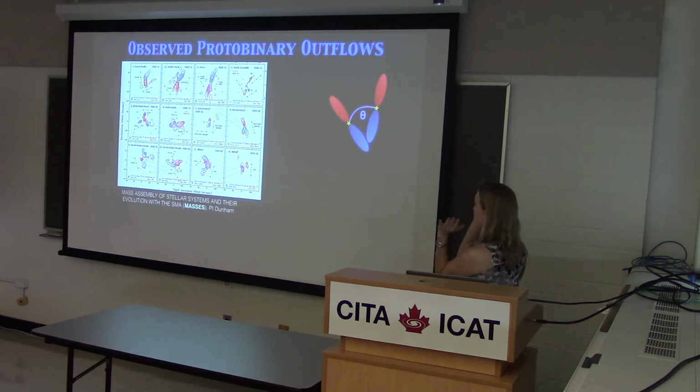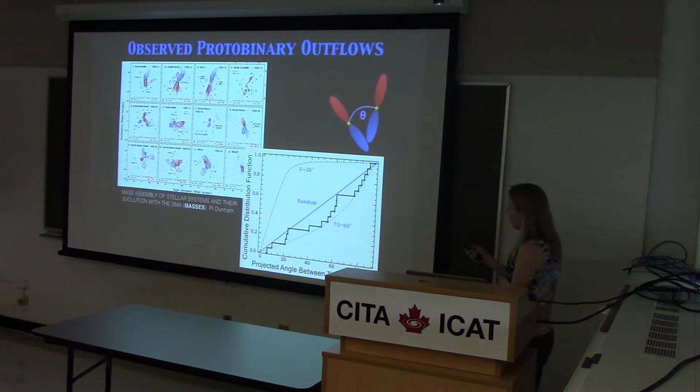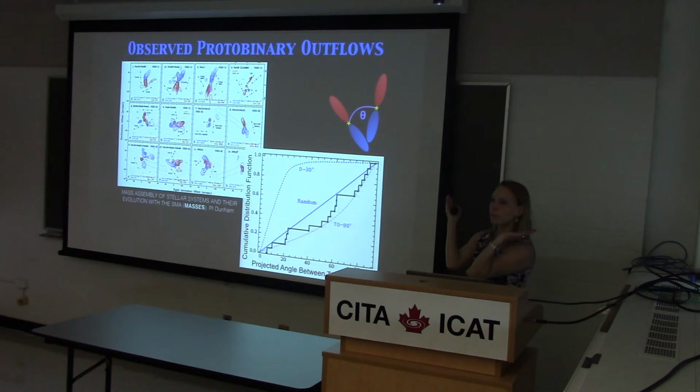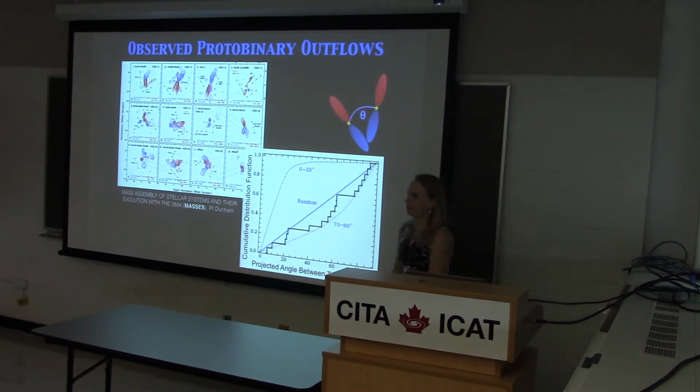They measured the relative angle between all pairs, and what they found should look familiar: a random to even misaligned distribution.